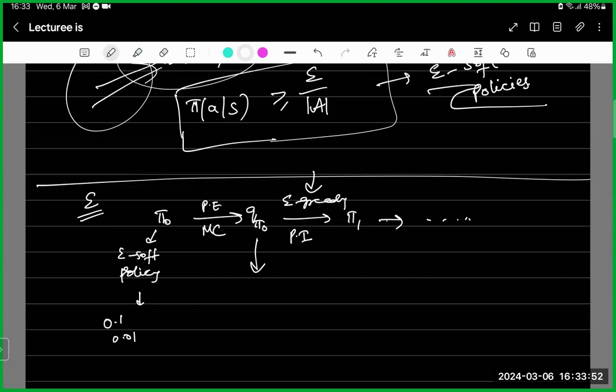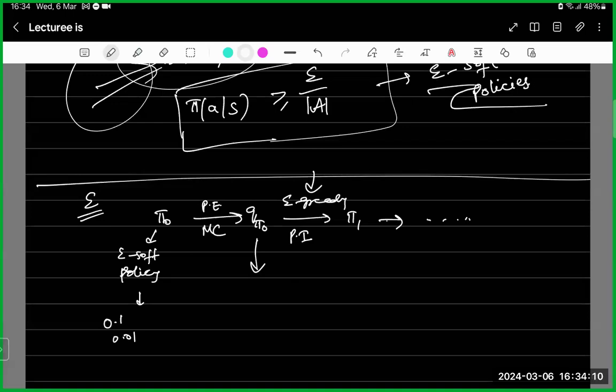So here we are not going to do all those analyses, but we are just giving you some ideas on how to solve for the optimal policy in the model-free setting without proving any rigorous guarantees.